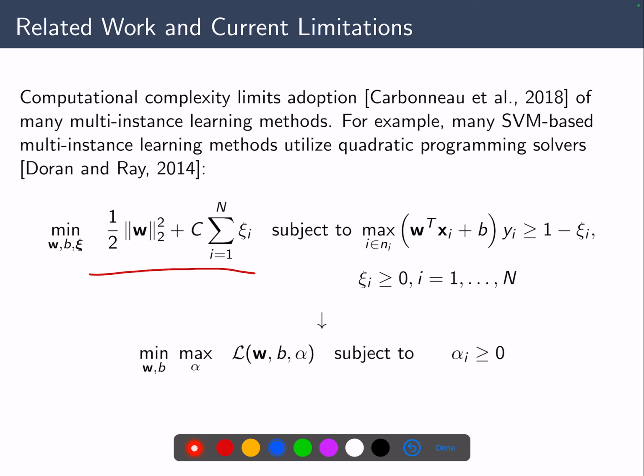This is transformed into a dual problem and is then solved using a quadratic programming solver. This is done because the number of support vectors is generally smaller than the number of instances within your dataset. However, when the dataset gets very large, the quadratic programming solvers are slow to solve the problem.